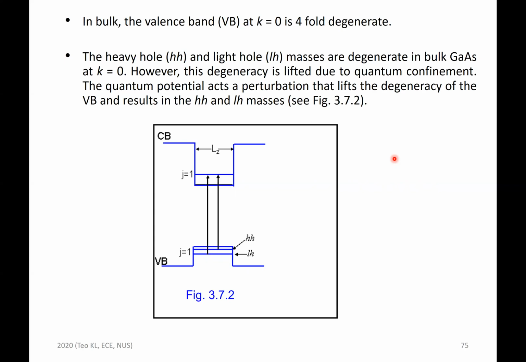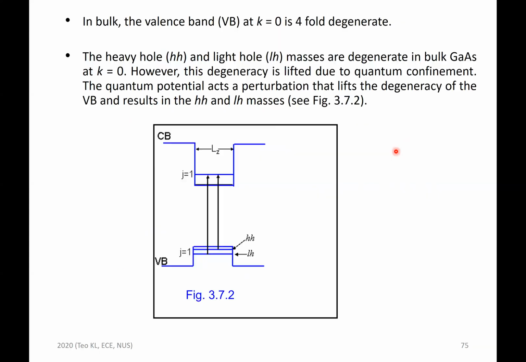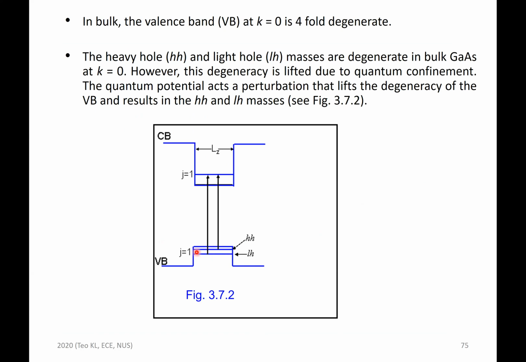And therefore, at this top of the band, where the energy is 4,4 degenerate, this degeneracy can be removed, or sometimes we call it lifted, due to the quantum confinement effect. So instead of heavy hole and light hole merging at this point, it can be lifted, so it can split into a heavy hole and light hole.